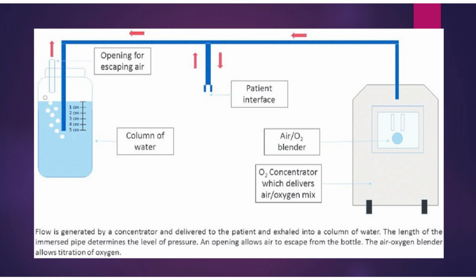If the baby's saturations are below 90%, you need to go up with oxygen and down with air. If the saturations are 98, 99, you need to reduce your oxygen and increase your air. So you don't have to be sure about the functionality of your concentrator.